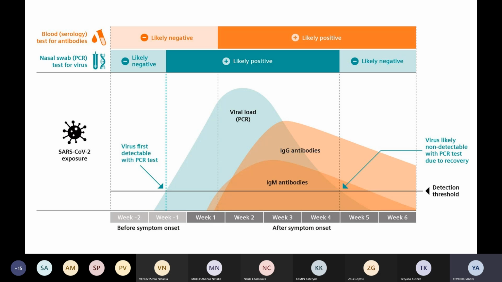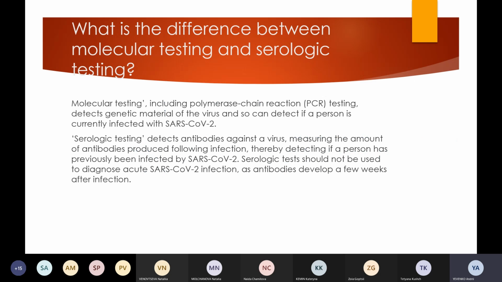So what does this mean for a physician? To diagnose COVID-19 infection, if we have choices such as polymerase chain reaction testing, PCR test, or rapid antigen test, we will use those. Because when you have symptoms, it is more likely that you will have a positive PCR or a rapid antigen test than you would have an antibody test positive.